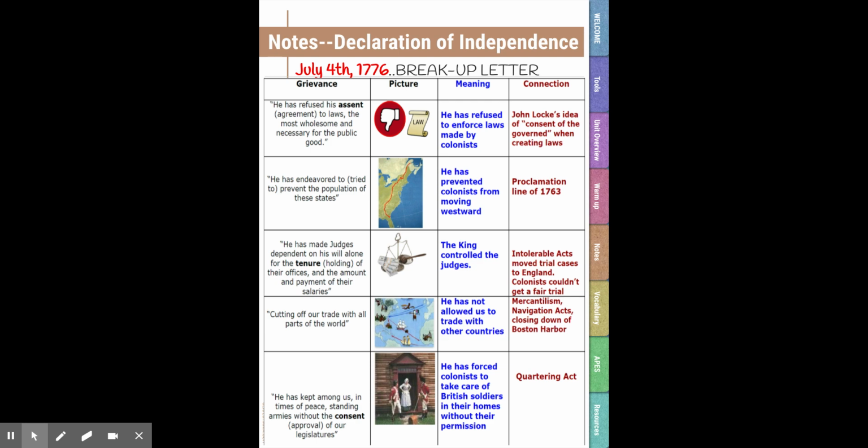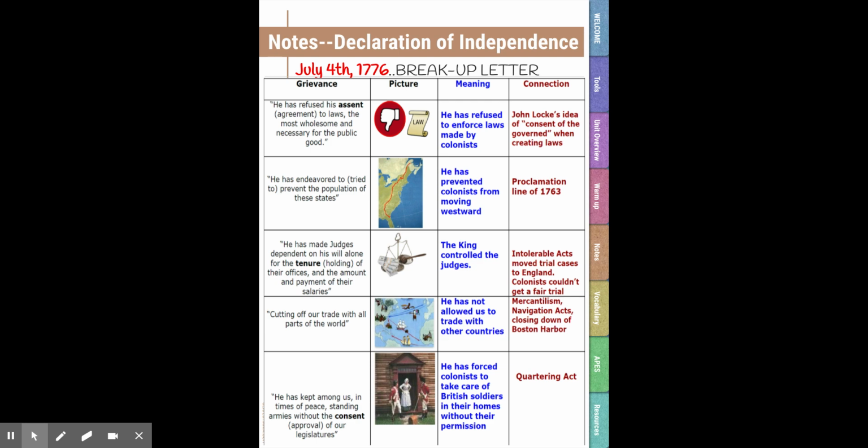The second part is grievances. The colonists list all of their complaints, also known as grievances, about how the king has mistreated them. One of them is that he's passing taxes without their consent.